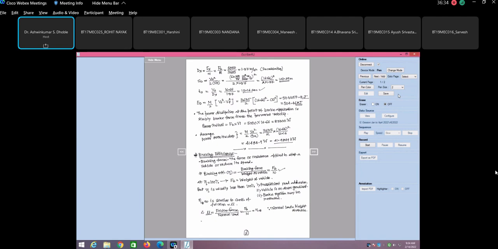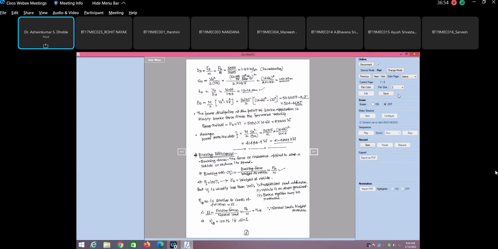So you can say that eta B is equals to 100% if mu is equals to 1. So is it possible that the coefficient of friction is equal to 1?